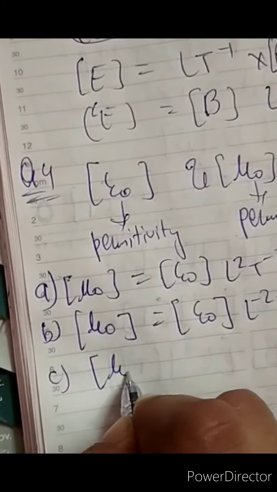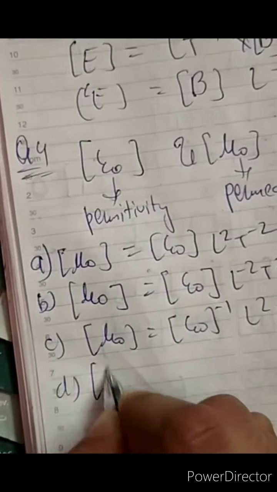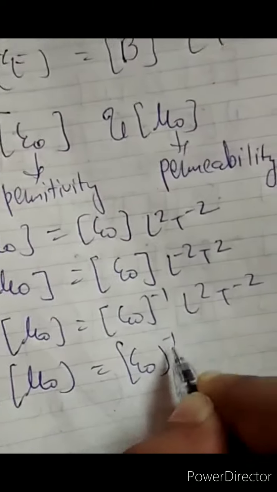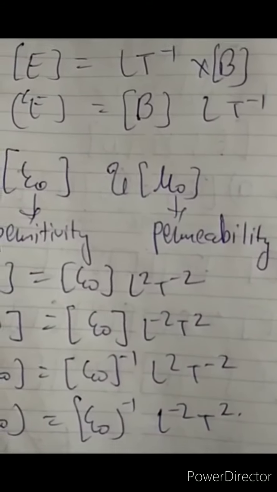C: mu 0 is equal to epsilon 0 to the power minus 1 L2 T minus 2. D: mu 0 is equal to epsilon 0 to the power minus 1 L minus 2 T to the power 2. Which options are correct? You have to find it. Just take a pause and look at it. Very easy question.